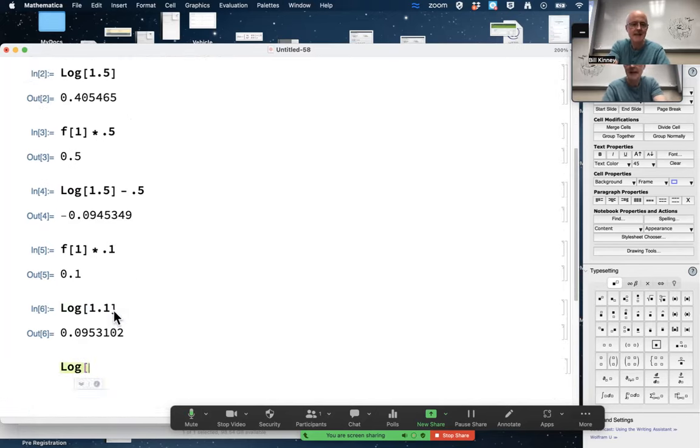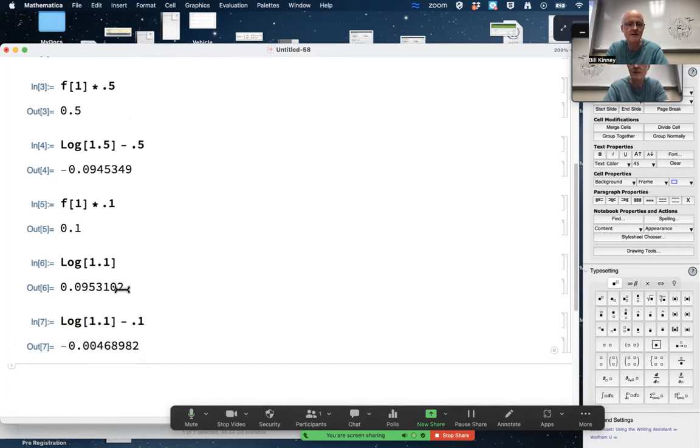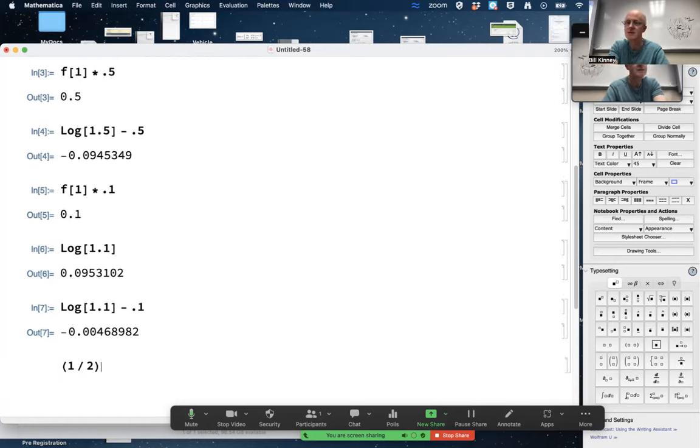What's the error in this case? Actual value minus approximate value. The error is about negative 0.0047. And what is our error bound? Instead of 1/2 times 1/2 squared, it would be 1/2 times 0.1 squared. H is now 0.1, not 1/2.